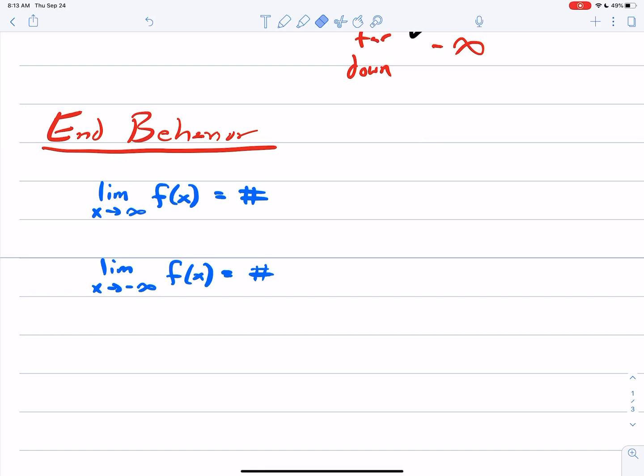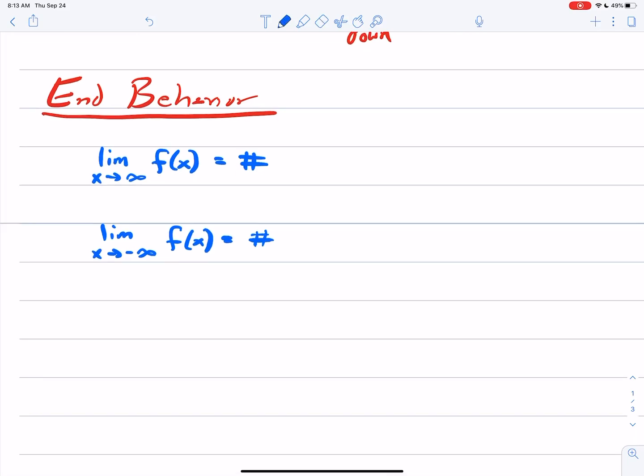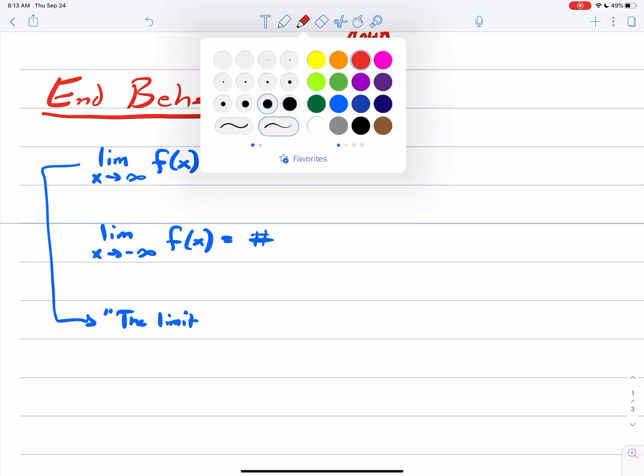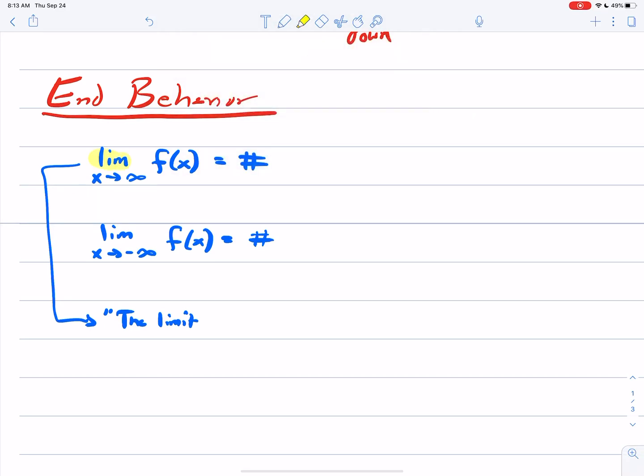This is how you read it now. Suppose we were trying to read that very first line. You would say the limit of f of x as x approaches infinity is some number. I'll highlight it as we go so you know exactly how to read it.